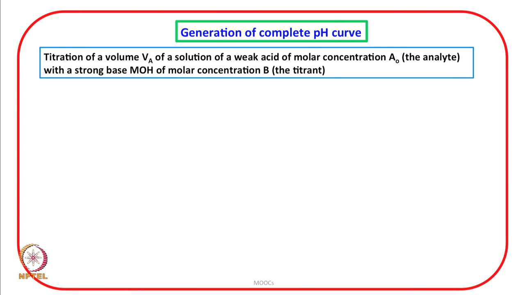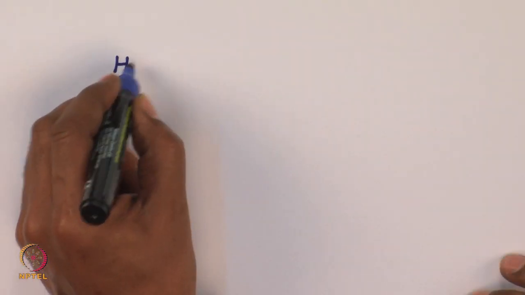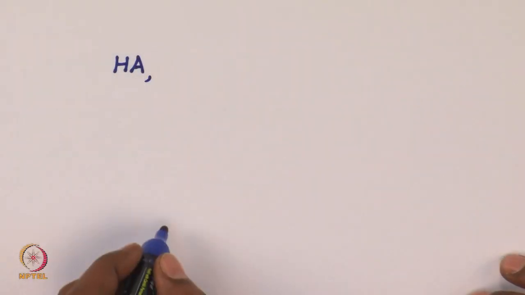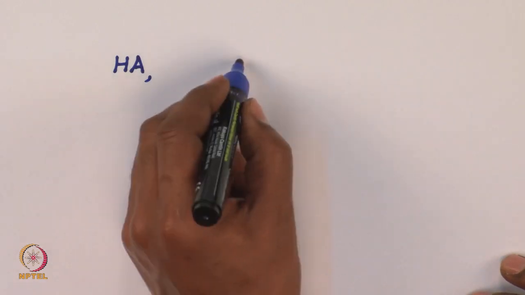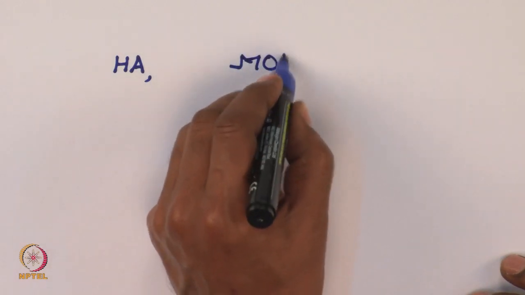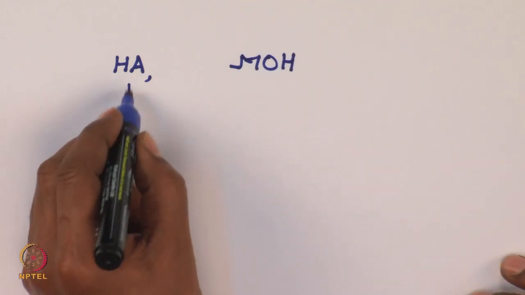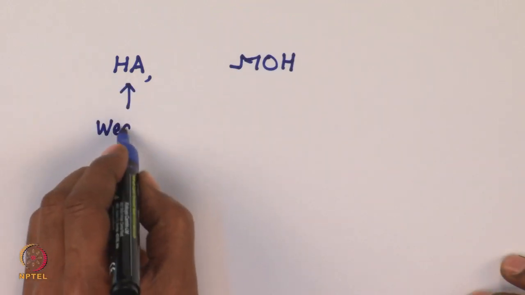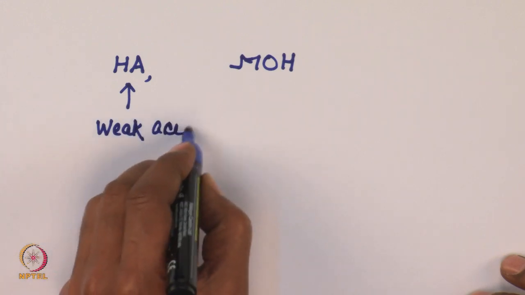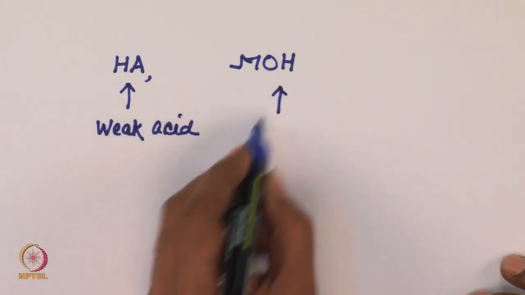So, obviously, we are talking about an acid. What is the acid? Let us represent acid by HA. This is our weak acid, and strong base we are representing by MOH. This is weak acid, and this is strong base.